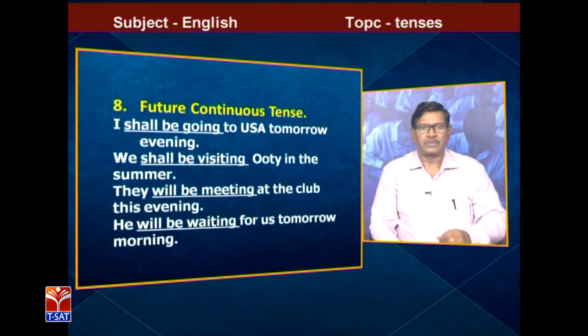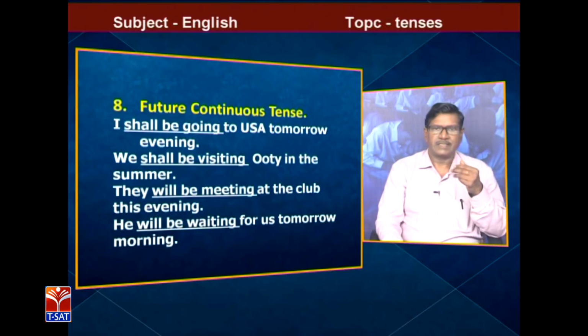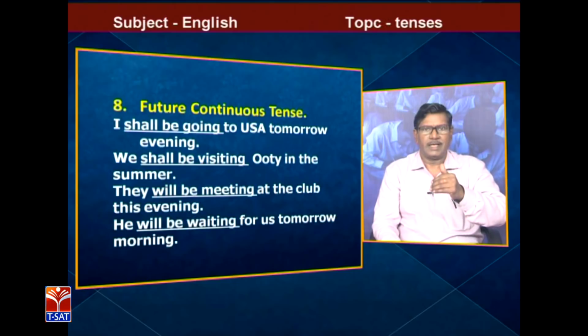So, in all these sentences, the action of the verb denotes this meaning. What's that? Action that may be taking place at some point of time in future. భవిష్యత్తులో ఎప్పుడో ఒకానొక సమయంలో జరుగుతూ ఉండేటువంటి పనులు, వాటిని గురించి ఈ ఫ్యూచర్ కంటిన్యూస్ టెన్స్లో మనం చెప్తాం.